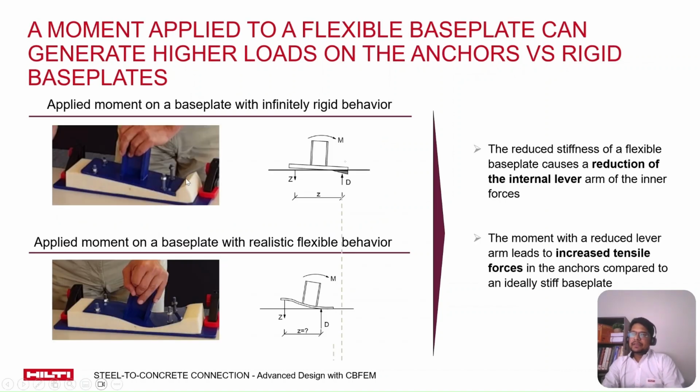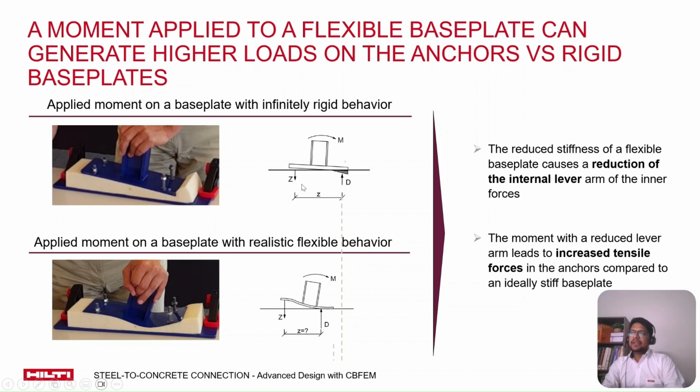Next, we have the case where a moment is being applied. Here at the top, you can see the idealization of the rigid base plate, and on the bottom, you can see the flexible base plate. If we put it mathematically, what you see here is the center of tension and the center of compression.